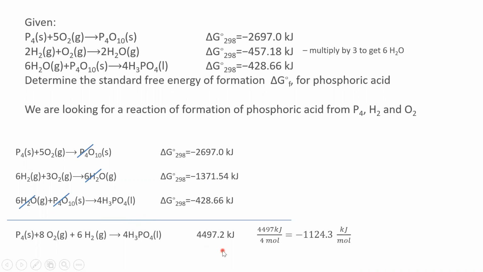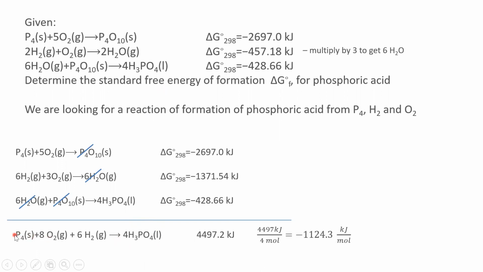And the value we get, there should be a negative sign here. I'm not sure where the negative sign went. This should say negative 4497.2. But that's per 4 moles of phosphoric acid. When we talk about figuring out the standard enthalpy or standard free energy value for a substance, it's per 1 mole.